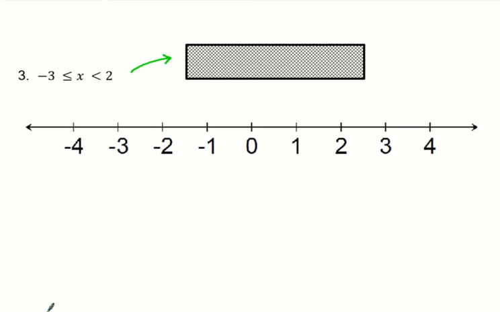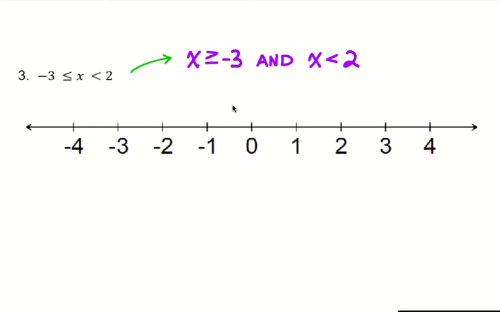Going back to number 3, you might recognize something like this. I don't think it'll take too much convincing from me that this is 2 inequality statements, 2 inequalities at the same time. And you could break this up into its 2 separate inequalities.